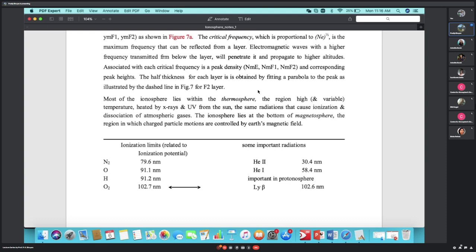So thermosphere is mostly the altitudes at which the temperature continues to increase. You get the minimum in the mesosphere, and from there the temperature will continuously rise.